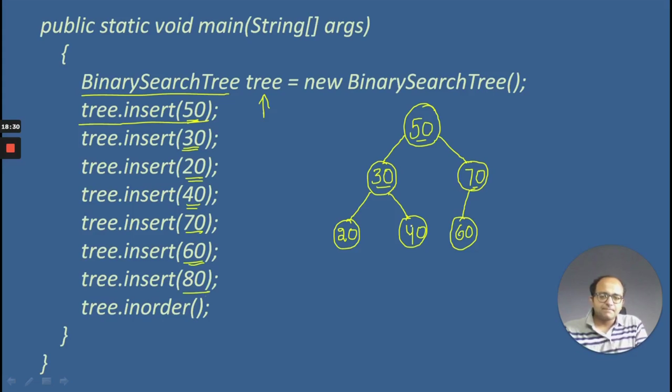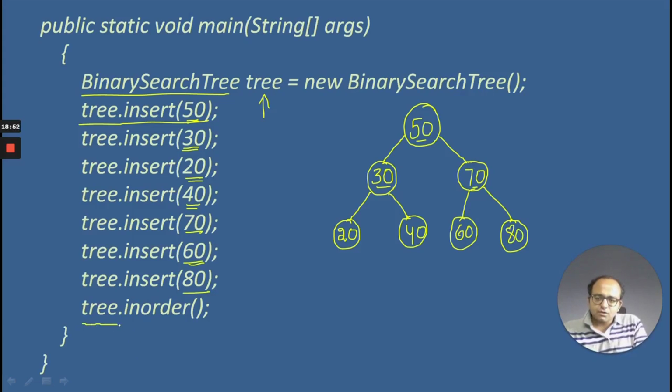And then 80 is compared with the root node key value 50, 80 is greater than 50, so it will move towards right, and 80 is compared with 70, 80 is still greater than 70, so 80 is placed here as a right child to the node containing key value 70.